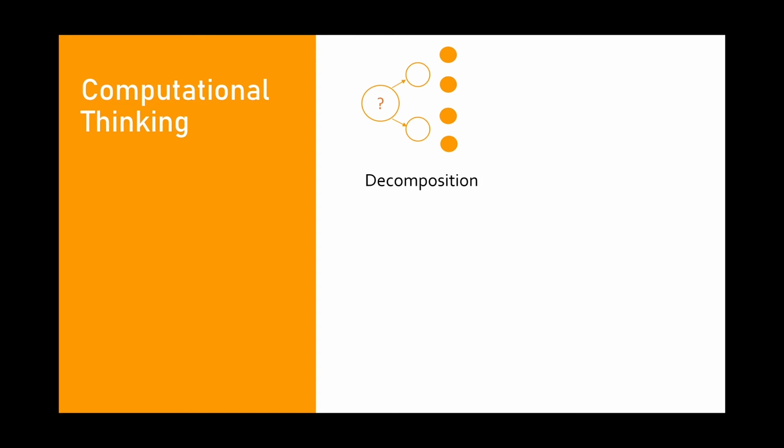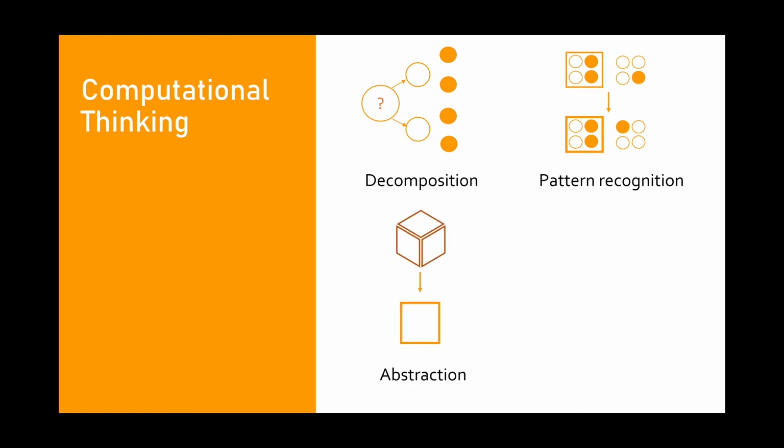Decomposition is splitting up the problem into smaller parts so that you can tackle each part separately. Pattern recognition sees which parts of the process are repetitive so that you can try and simplify it. Abstraction means trying to make it simpler by creating a process, and algorithm is executing this process.